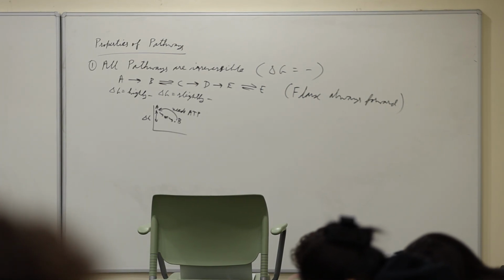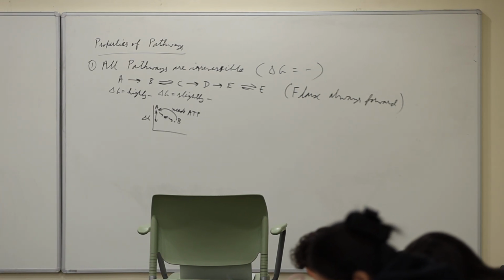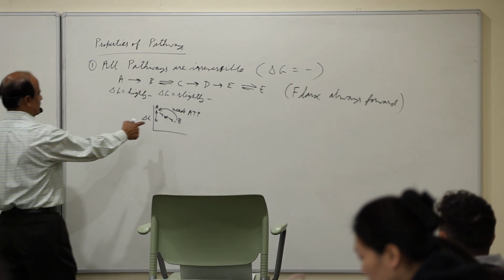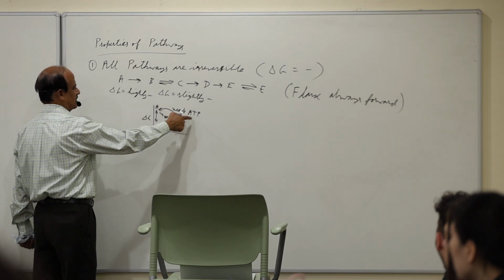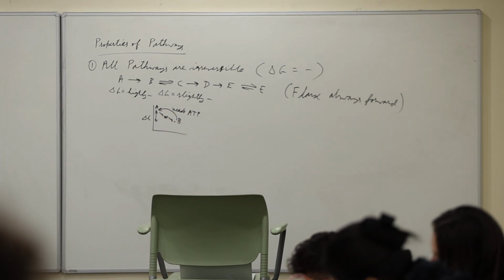So that's why you need a different pathway to go back to make the original compound, because of energy considerations. It is always a lower energy for the product, and so in order to go back, you will need to have ATP.